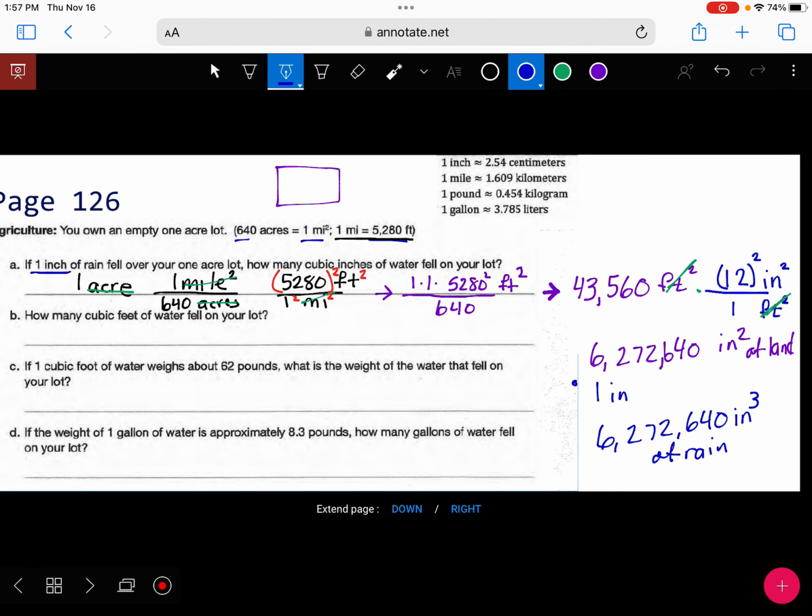And our units get a little crazy now. So I told you it was kicking up a notch. They get really significantly more complicated here.